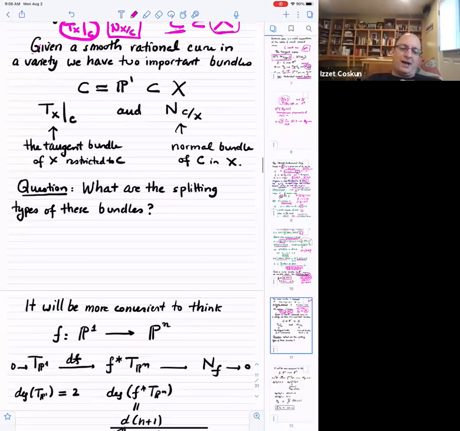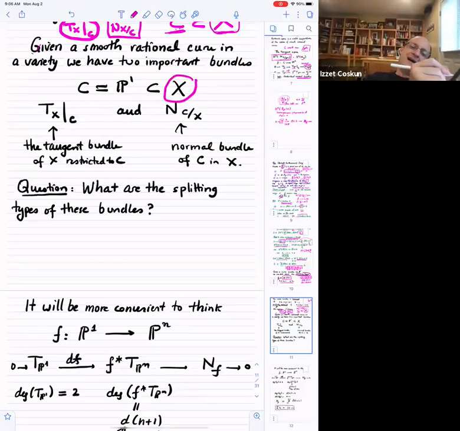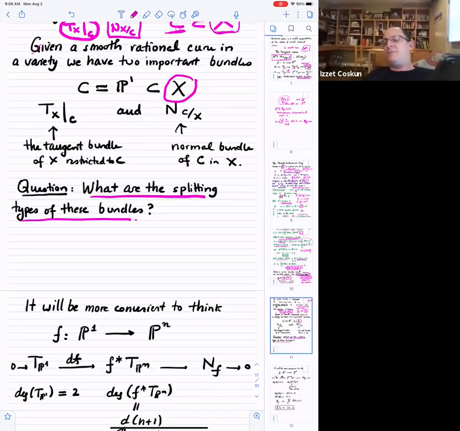So that's the situation. In the next lectures, I'll talk about what happens when X is not projective space, but let's just start from the easier to understand case of projective space. And the basic question is, what are the splitting types of these bundles? Just to summarize, what have we said so far?